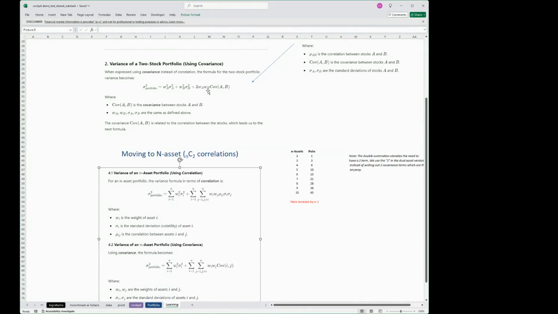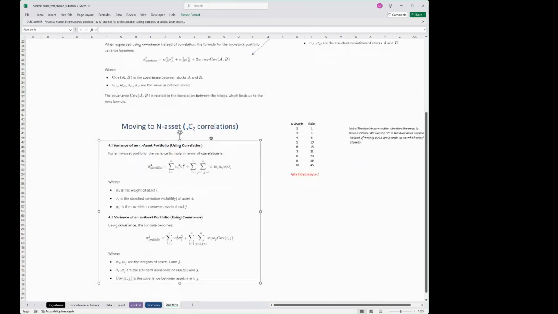It's really weight A, weight B times the covariance AB plus weight A, weight B times the covariance of BA. But covariance AB and covariance BA are the same, so we can collapse this into 2 times that. We don't need the 2 here anymore because the double summation is effectively handling the 2. So that's why these formulas look a little bit different.